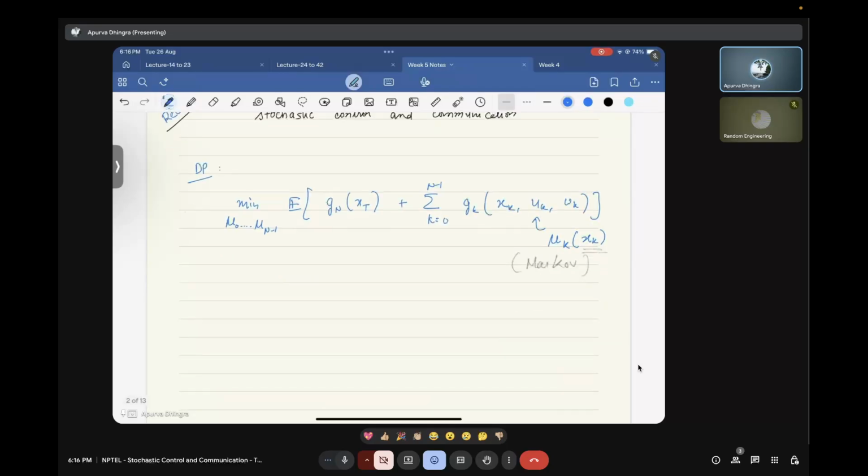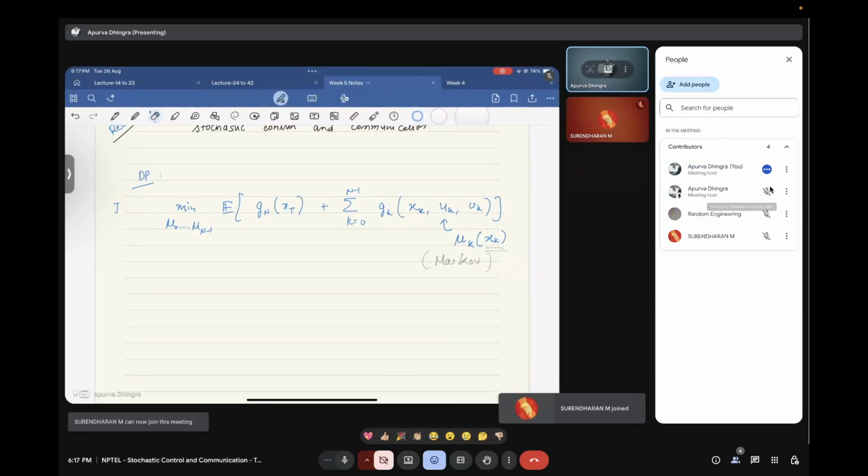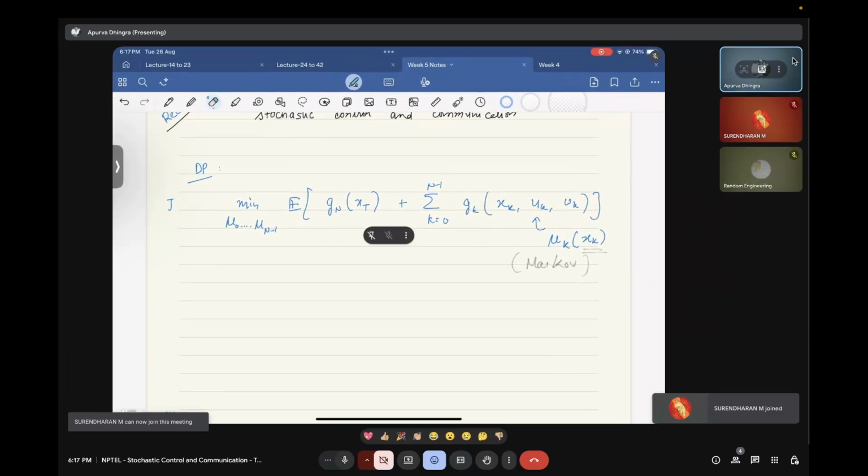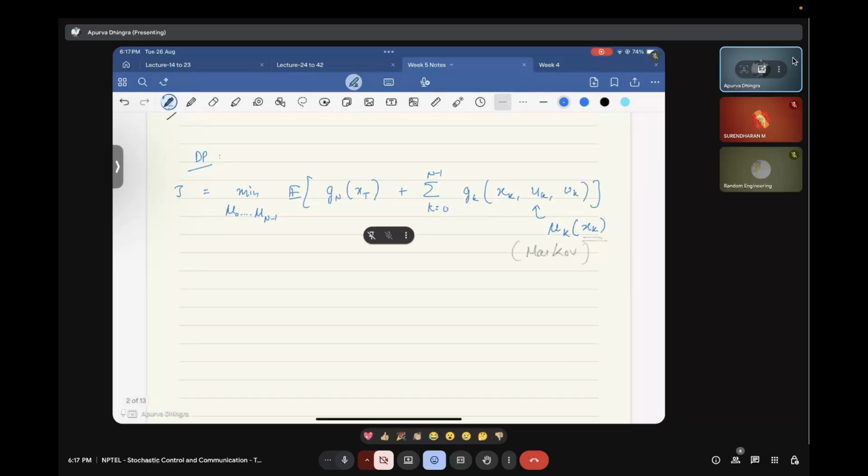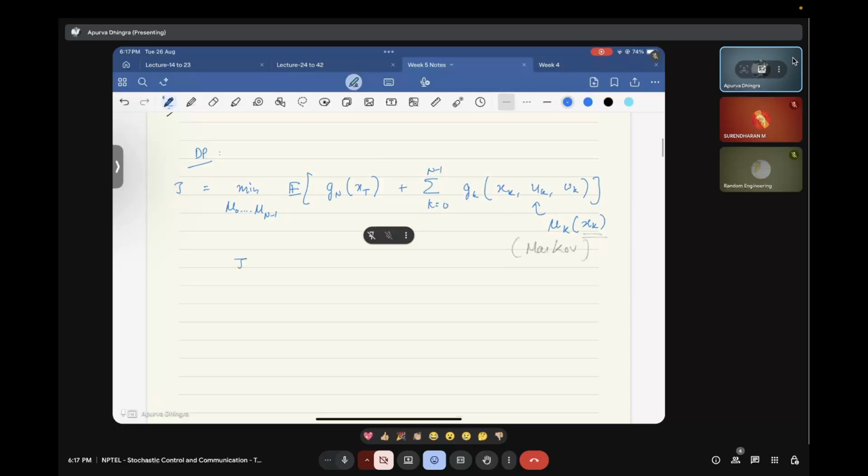Okay, so let's denote it by this j symbol. Not a of, it's just a j. Okay, let's call it some j. Now what DP said was that if we wanted to find the j star, then all we had to do was do a recursive backward type optimization, sequential optimization.